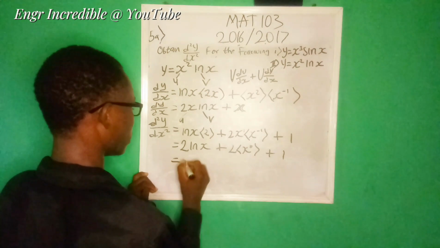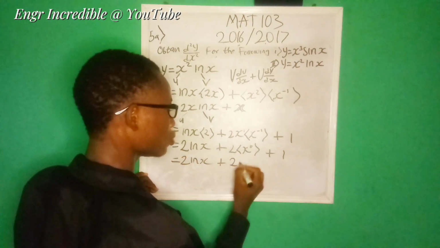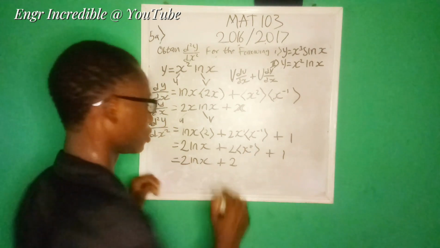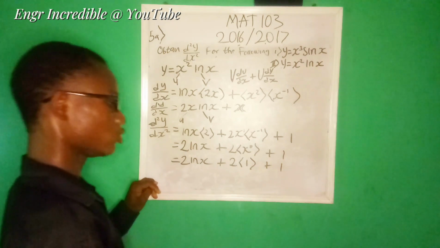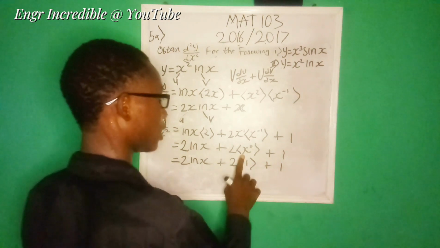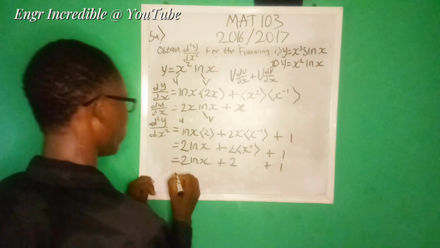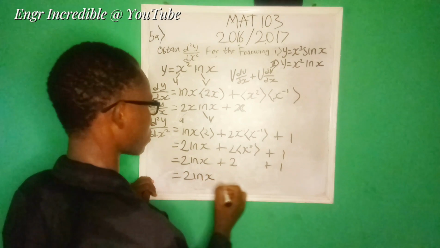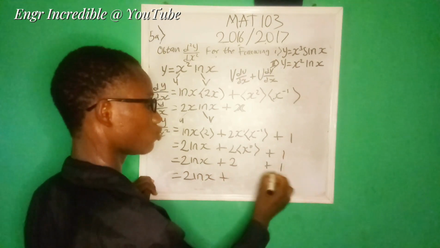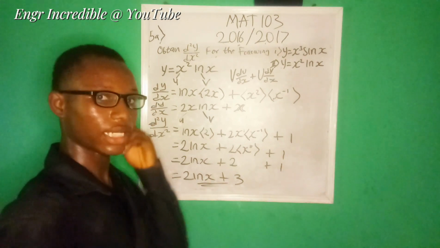So our final answer is 2 ln x plus 2 times 1 plus 1. And 2 times 1 is still the same thing as 2, so no need of writing it again. Therefore, our final answer is 2 ln x plus 2 plus 1, which is 3. So this is our final answer.